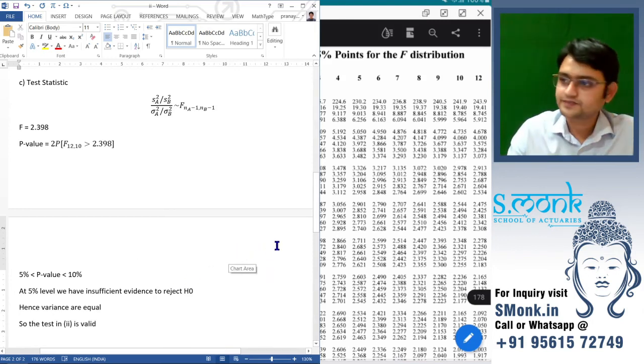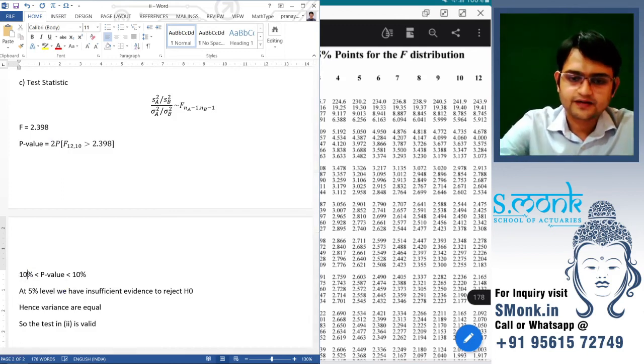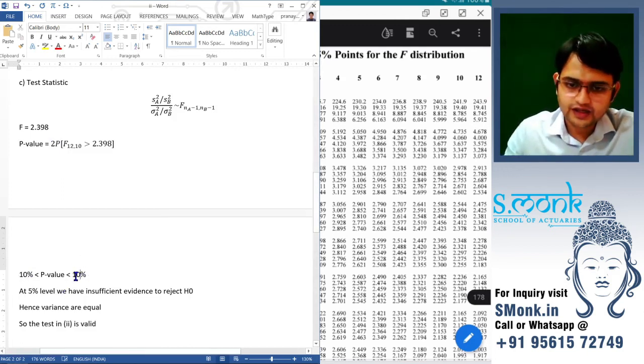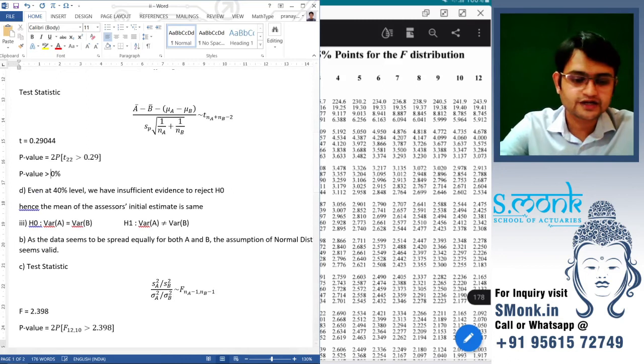So, yes, p value is twice the probability of F12, right? So what, 10% to 20%? Correct. 10% to 20%. I made the same mistake during this as well. This p value is greater than 80%.